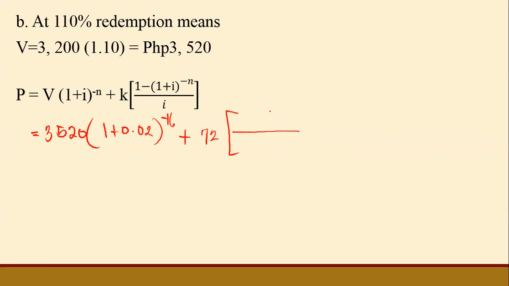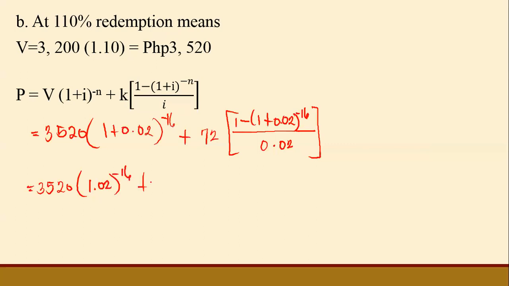Okay. So this is 1 minus 1 plus 0.02 raised to negative 16 over I, the value of I, 0.02. Next is 3,520 times 1.02 raised to negative 16 plus 72. Okay?